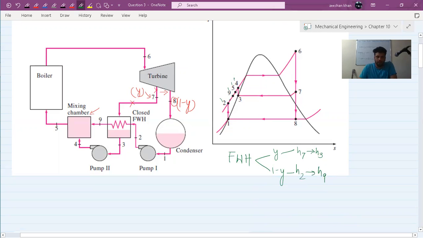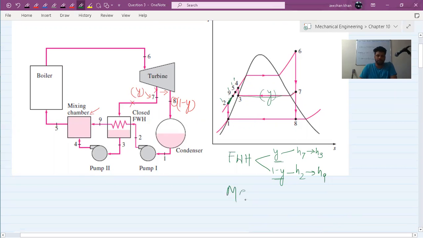So from here to this thing, y from 7 to 3 does not actually mix with 1 minus y. This is a closed feed water heater, so they are not going to come in contact. So H2 to H9 is the enthalpy change for the 1 minus y amount of steam, and for y amount of steam, the enthalpy changes from H7 to H3.